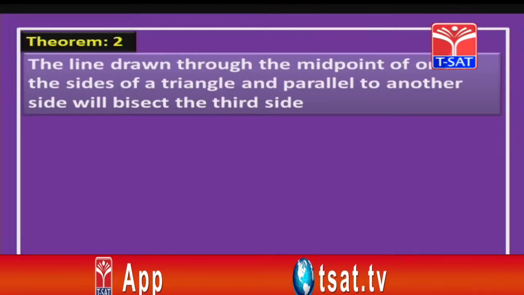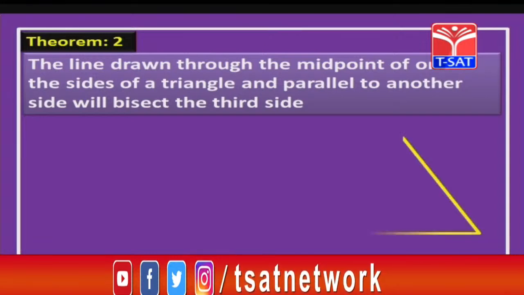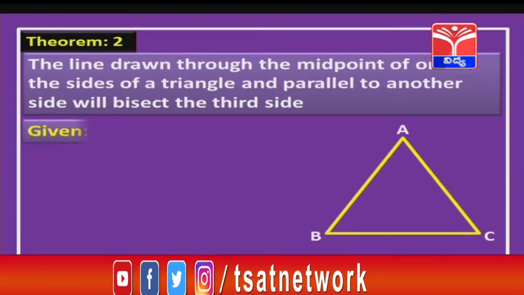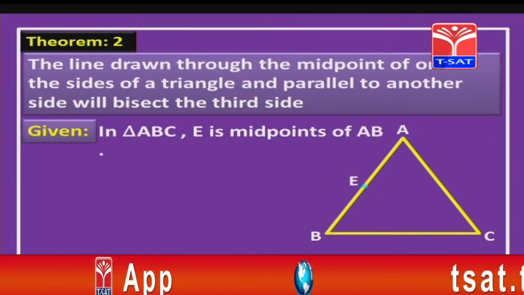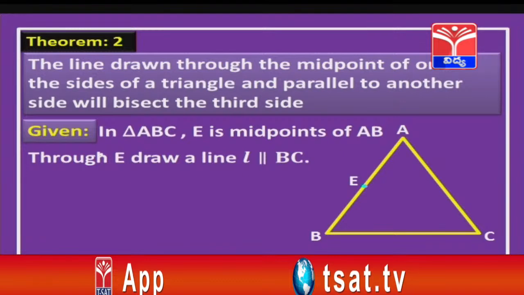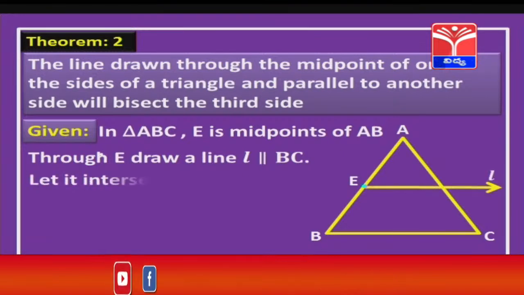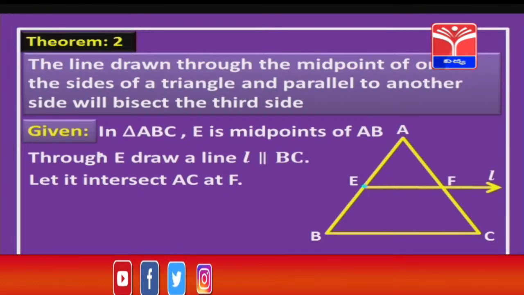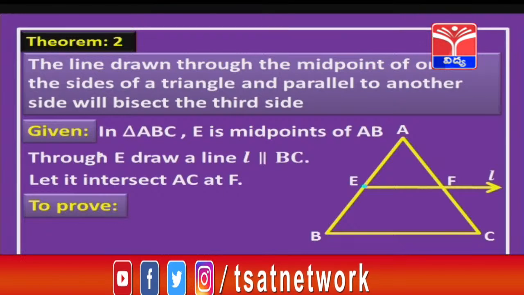Now, let us move on to the converse of the midpoint theorem. The line drawn through the midpoint of one of the sides of a triangle and parallel to another side will bisect the third side. So, what is given, children? A triangle. Okay. Now, in this triangle ABC, E is the midpoint of AB. Through this E, draw a line L. That line L is parallel to BC and it is intersecting AC at F. Now, what do we need to prove?